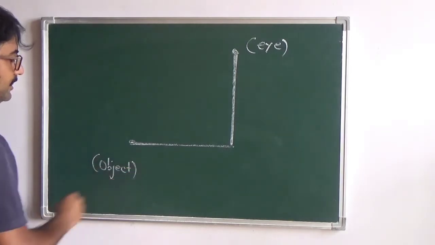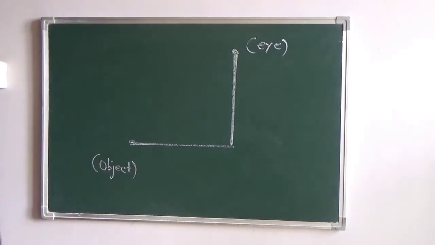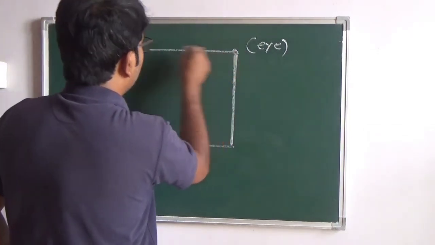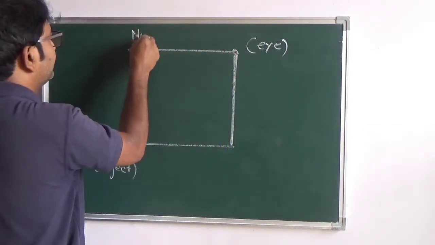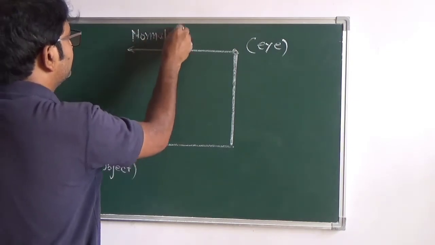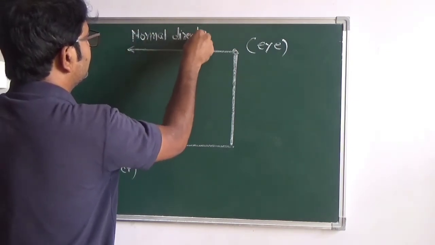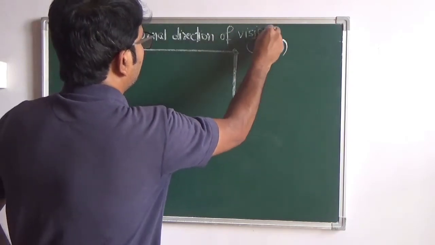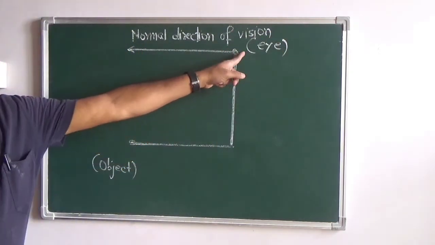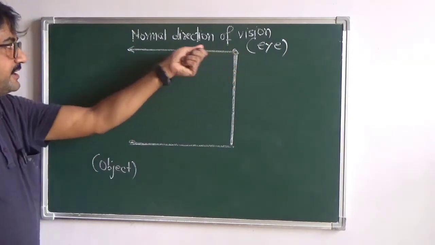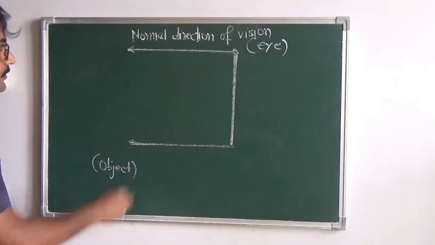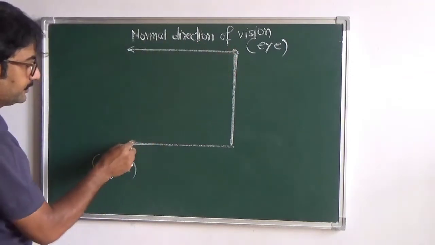Now your normal direction of vision is this one. So if you are standing here, then your normal direction of vision is straight in this direction. But you will have to look to an object which is below this level. So you have to look in this direction.